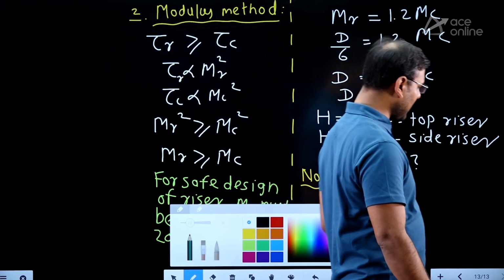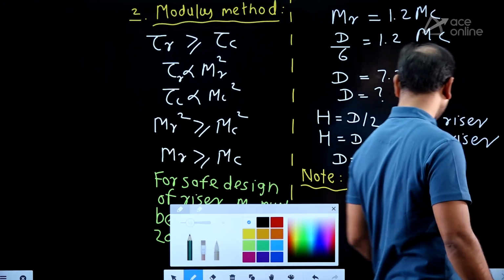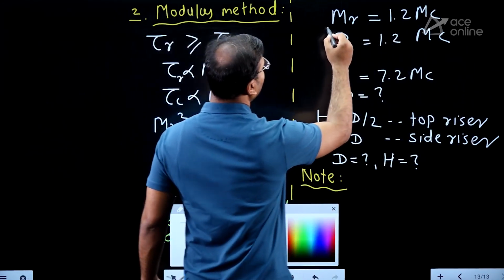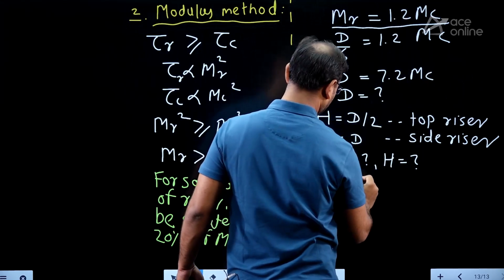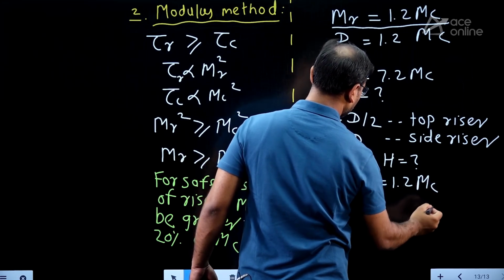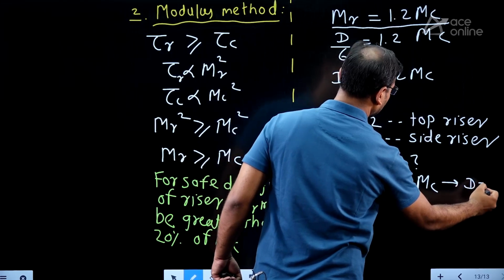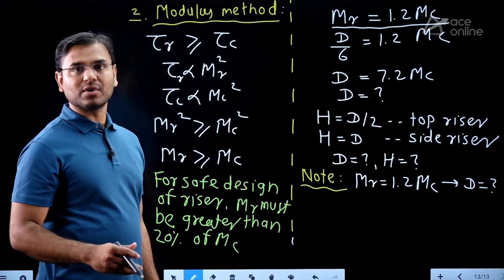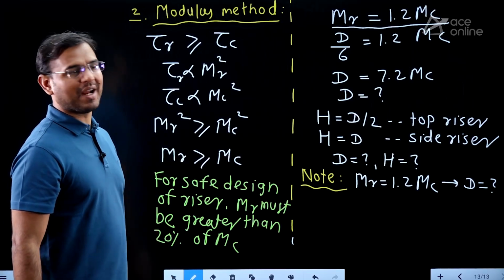What is meant by the note? Here the diameter we took is 7.2 into Mc, which means we took MR is equal to 1.2 MC, and here we got the diameter as the answer. But if the above diameter is not available in the options, then what do we have to do?